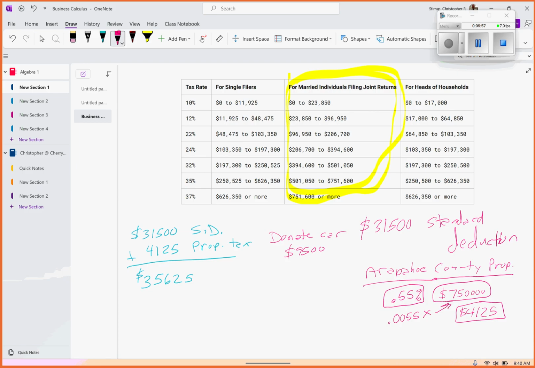Now, before you slam me saying, why would I donate a car if I could take it to the dealership and they're going to give me $9,500 for it? Not really. The dealership is going to go through your vehicle and find anything wrong with it that's possible. It could be, oh, your brake pads aren't quite up to specs, and that's $300 off that price.